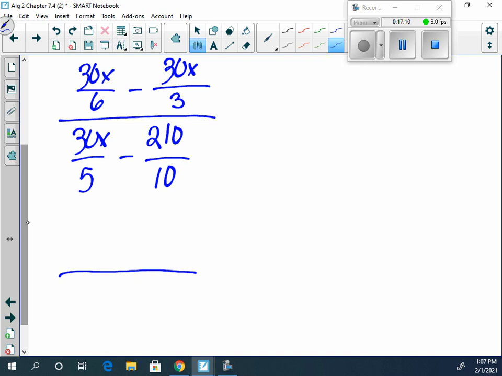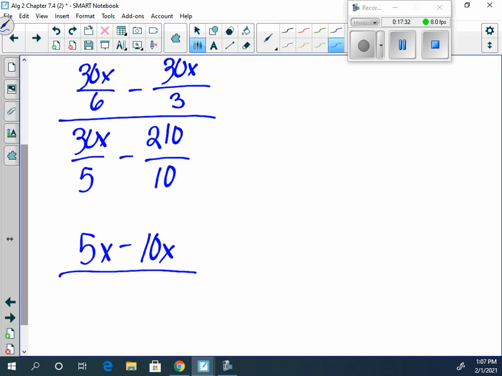Now, the first thing we can do is 30 divided by 6. Well, 30 divided by 6 is 5x. Now, 30x divided by 3 would be what? 10x. That takes care of the numerator.